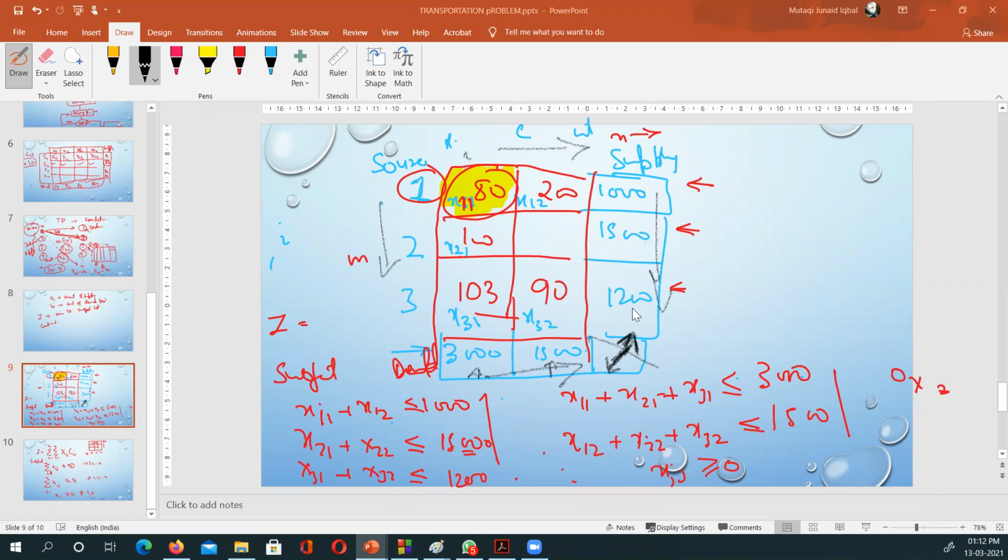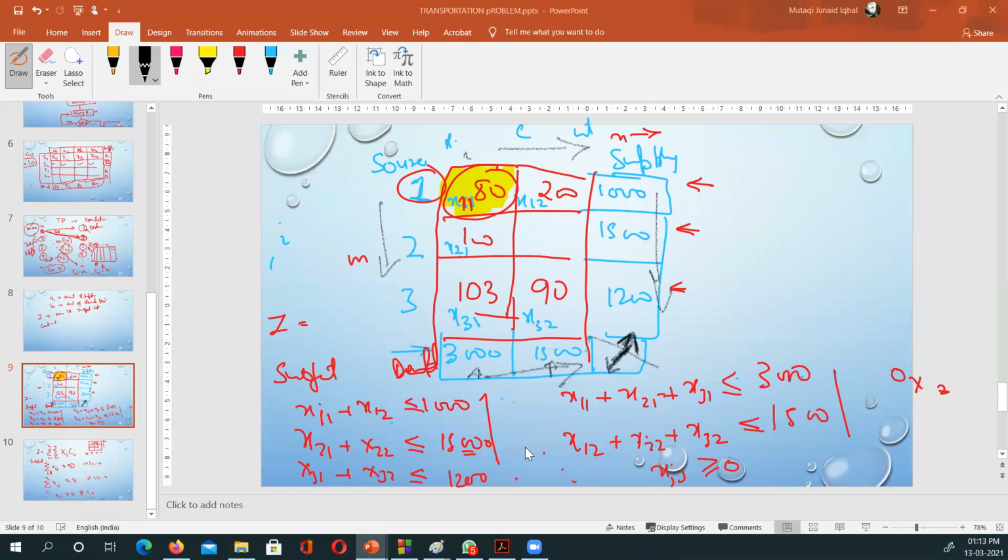We don't say the cost, the supply constraint. In the constraint, we say like this, as you could see here, for this 1200, 1200, 1200. X of 31 plus X of 32 should be less than or equal to 1200. This is the way we write, okay?